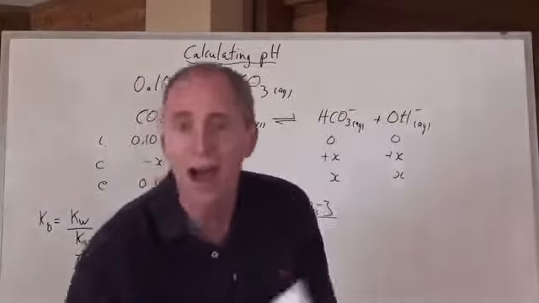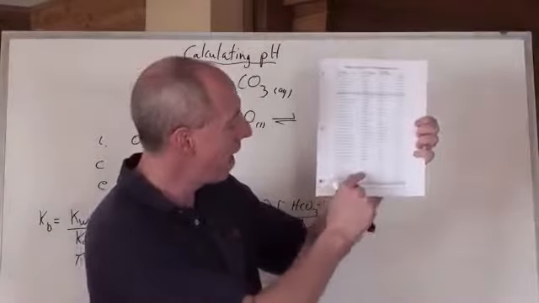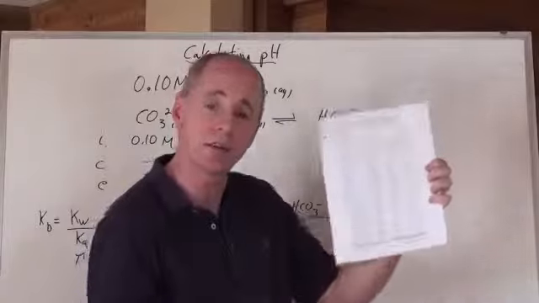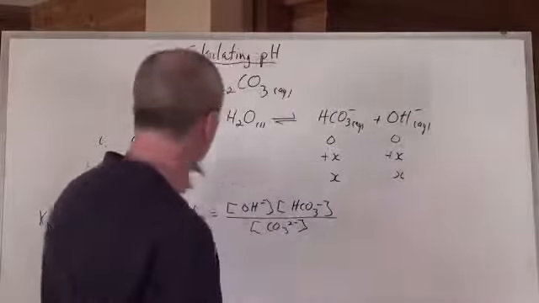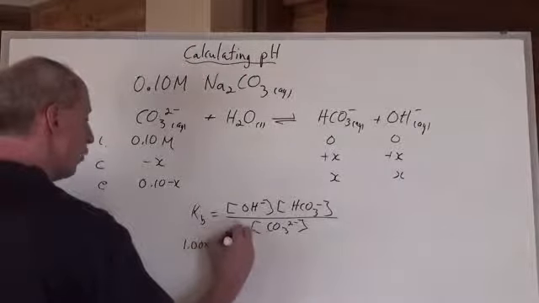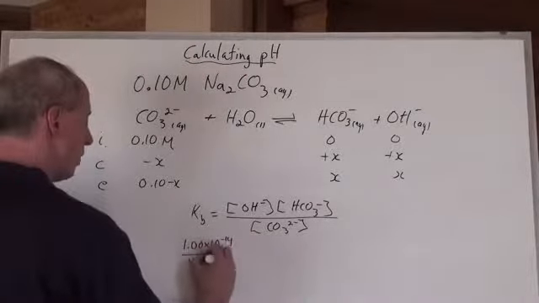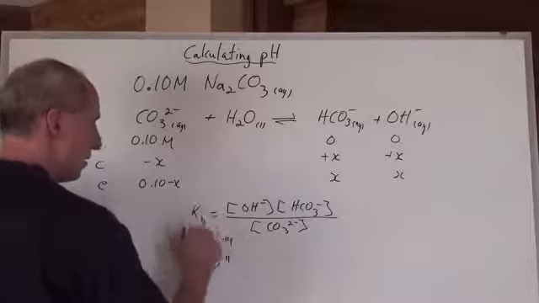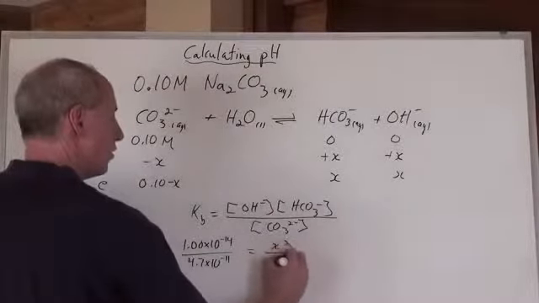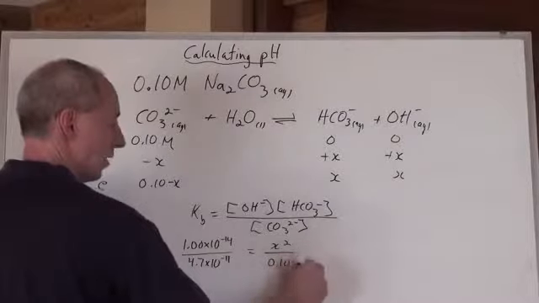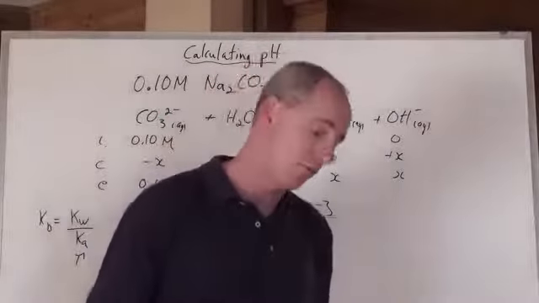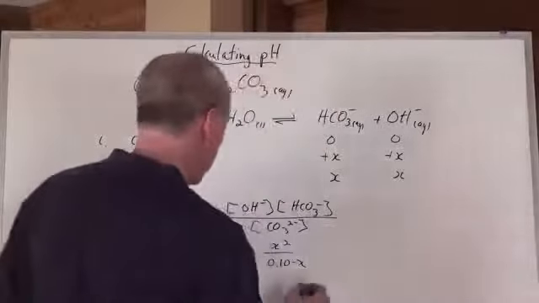On my chart, I have a Ka for bicarbonate at 4.7 times 10 to the negative 11. So the Kb for the carbonate is 1.00 times 10 to the negative 14 divided by 4.7 times 10 to the negative 11. That's the Kb, and it's going to equal x squared over the concentration, 0.10 minus x. Can you disregard that x when added to or subtracted from something? In the majority of these cases, you certainly can.